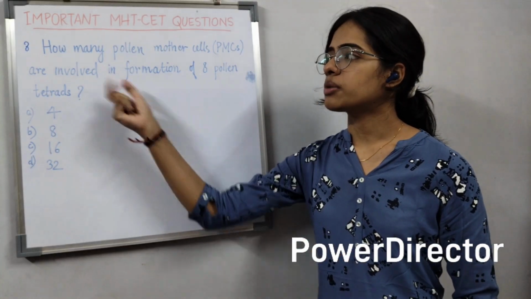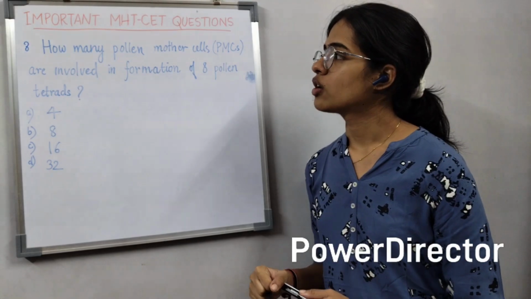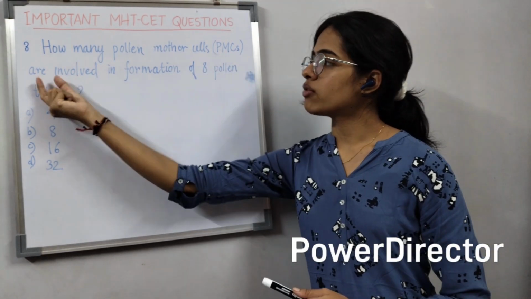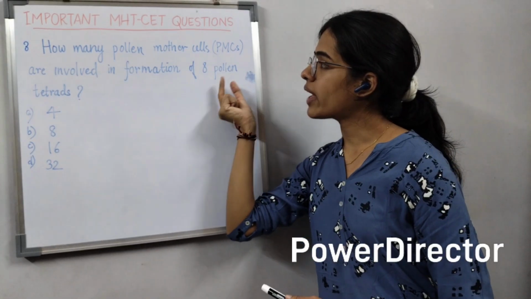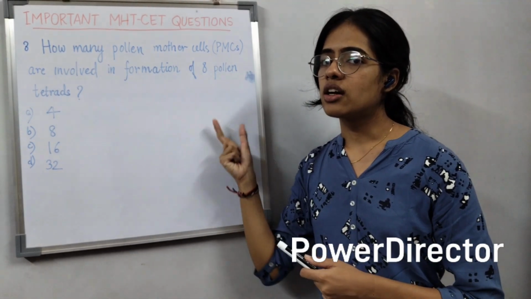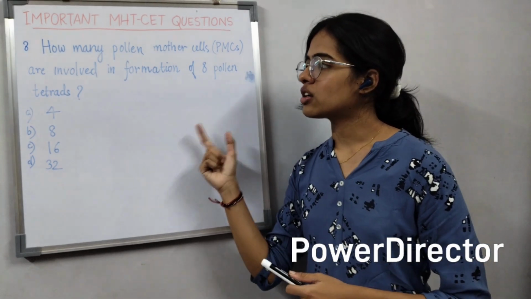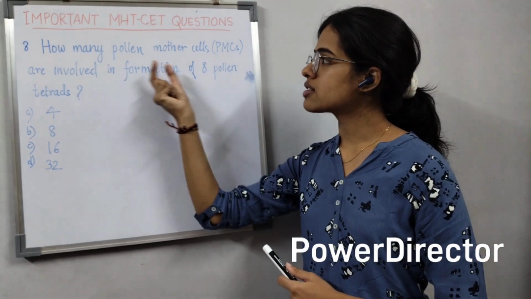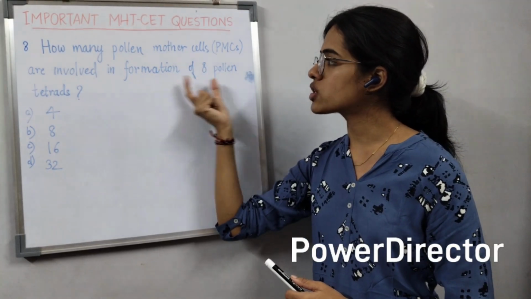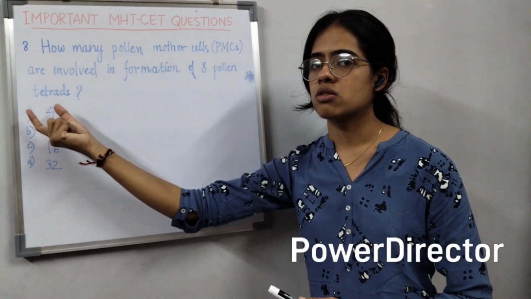So another question from MHT-CET 2023. How many pollen mother cells, PMCs, are involved in the formation of 8 pollen tetrads? So this is a tricky question. Okay, listen, read it very carefully. It is written how many pollen mother cells, PMCs, are involved in the formation of 8 pollen tetrads.